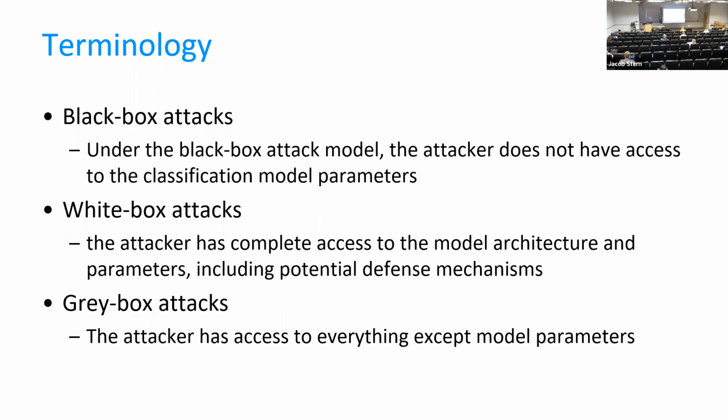So they have no way of interfacing with the model. White box attacks, where the attacker has complete access to the model architecture and weights. And then gray box attacks, where you have access to everything, you're able to interact with the model, you just don't have the actual model parameters.